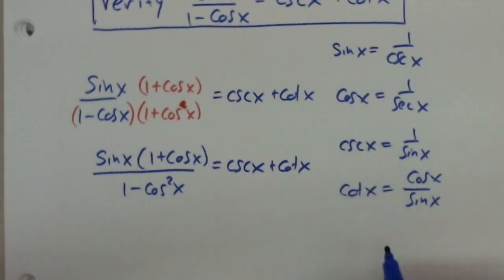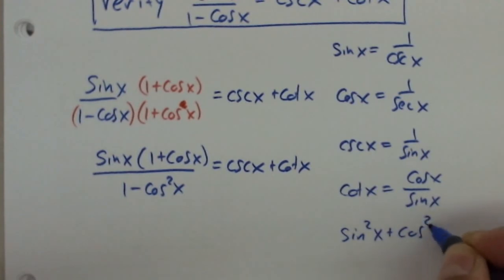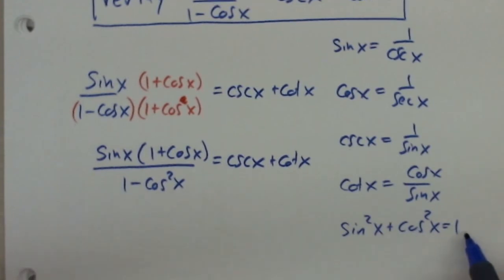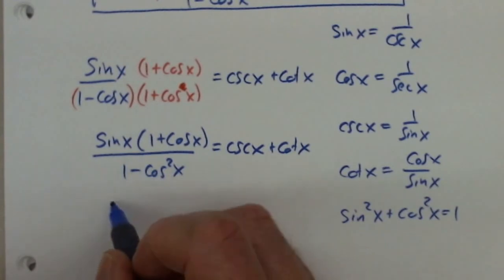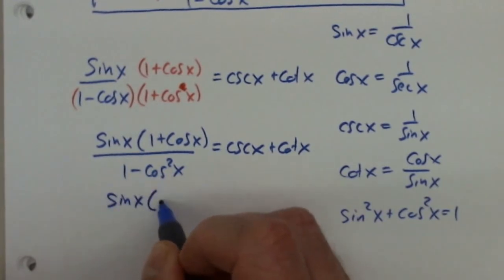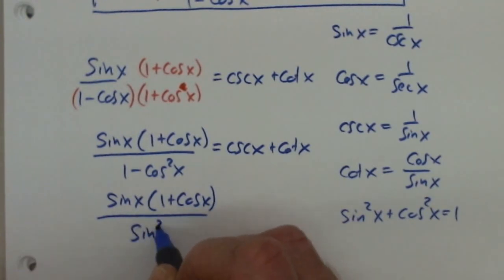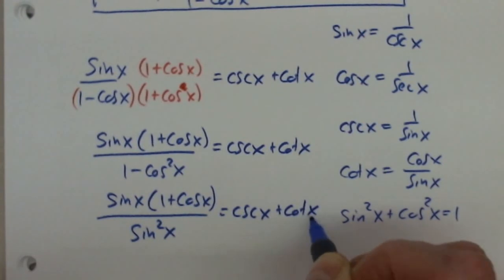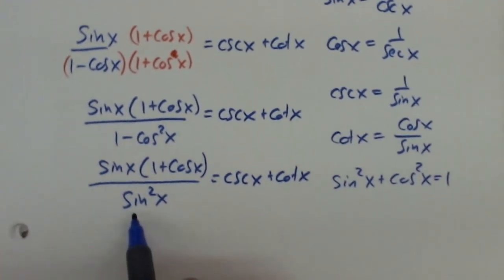I didn't write down the Pythagorean identity, but sine squared plus cosine squared is 1. And we can see 1 minus cosine squared. If you subtract cosine squared, you know that it equals sine squared. This is sine squared. And we have sine canceling one of the sines down here.